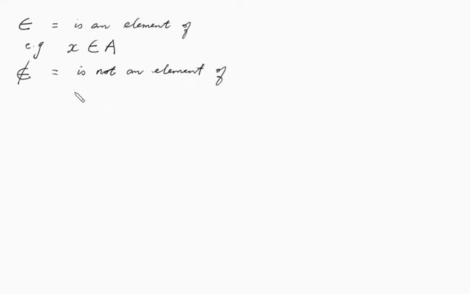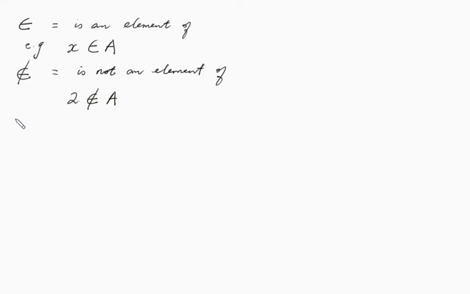Okay? So if we have 2 like this, what does it mean? That means 2 is not an element of set A. That means you do not find 2 inside set A. All right. Good.